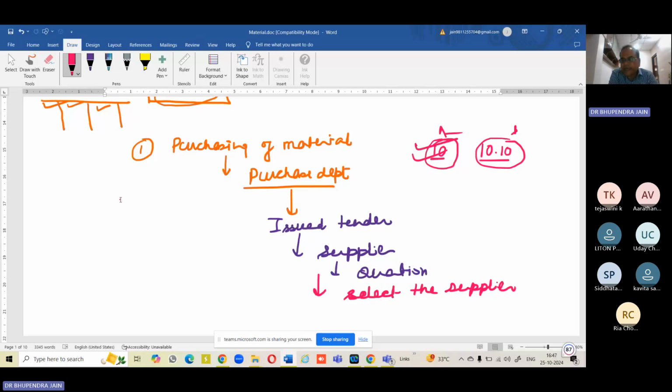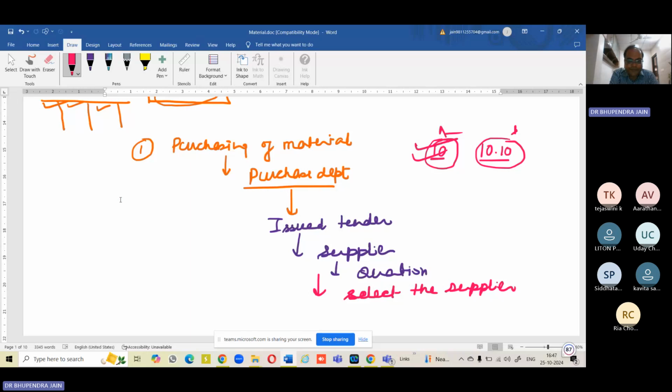Definitely you will never select that type of supplier, because the supplier does not have good market value. In this example, supplier B's price is 10 paisa more, but supplier B is able to supply the extra quantity whenever the company requires it, in case of emergency. In that case, supplier B may be good for the company.